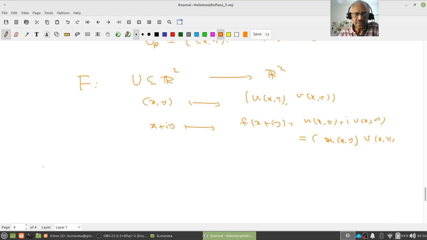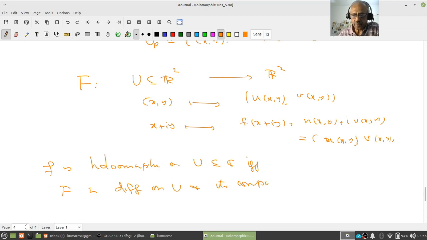The thing is, f is holomorphic on U in C if and only if capital F is differentiable on U and its components, that is F equal to (u, v), its components u and v satisfy the Cauchy-Riemann equations.